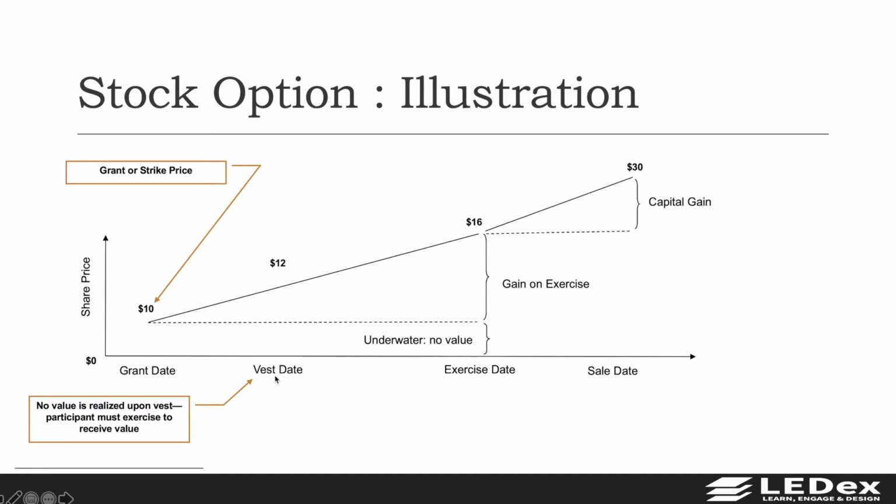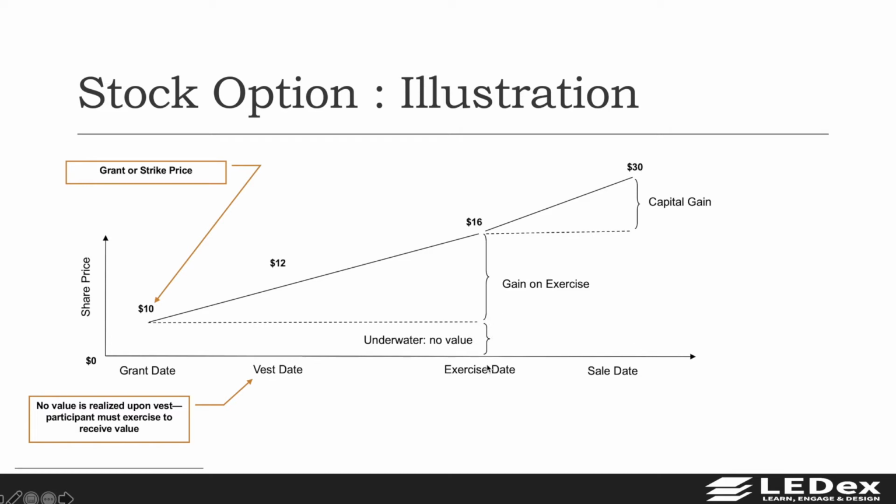By the vesting time, the individual in these examples has seen some gain, but the person has not realized that gain yet because he or she has not chosen to exercise the option. Exercise date is the date in which the employee chooses to exercise the option, meaning the individual chooses to pay the $10, which was set as the grant price, to buy that stock option and convert it into a share.